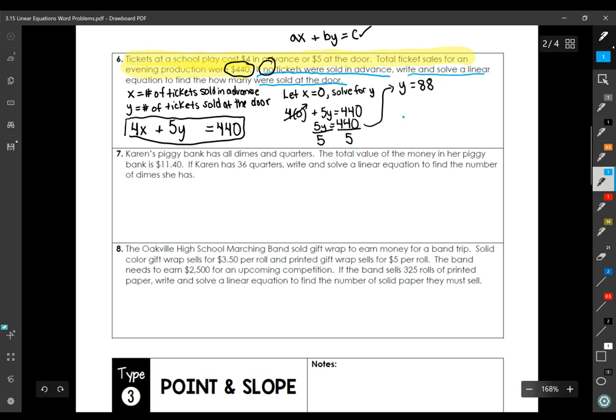So what that means is, if no tickets were sold in advance, 88 tickets were sold at the door. Okay, there you go.